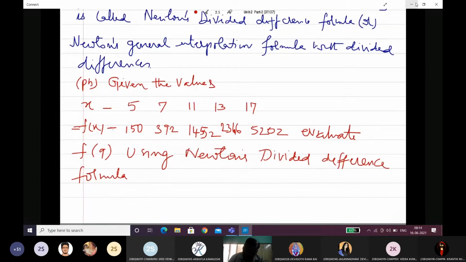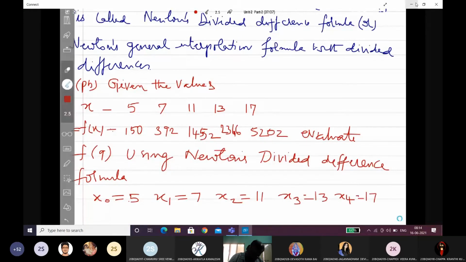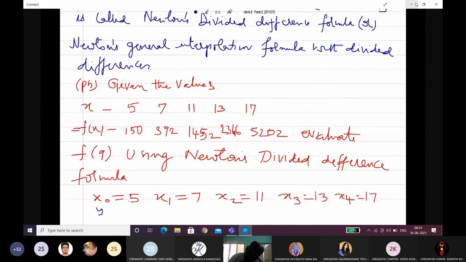We note down the values: x0 is equal to 5, x1 is equal to 7, x2 is equal to 11, x3 is equal to 13, x4 is equal to 17. Similarly, the corresponding y values: y0 is equal to 150, y1 is equal to 392, y2 is equal to 1452, y3 is equal to 2366, and y4 is equal to 5202.